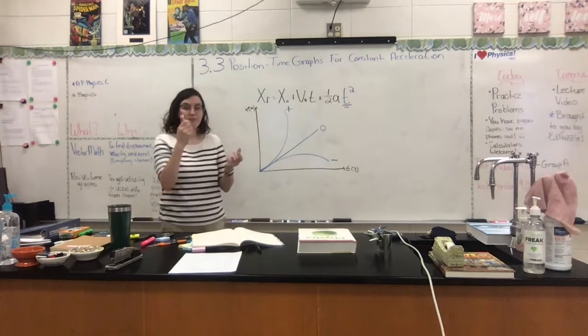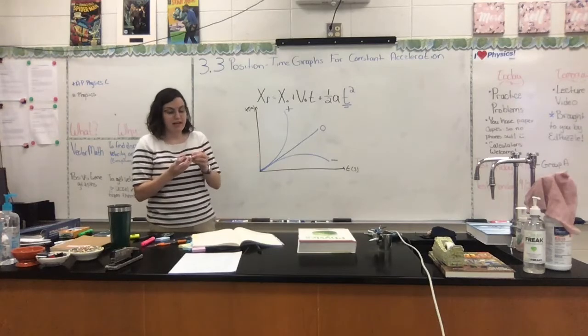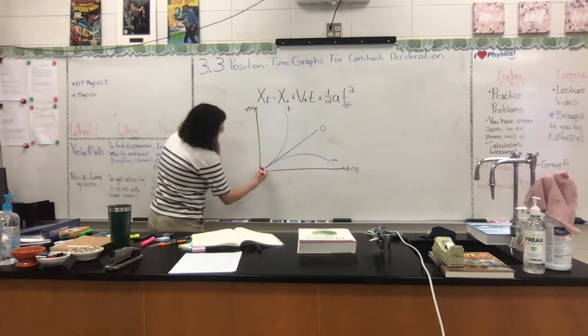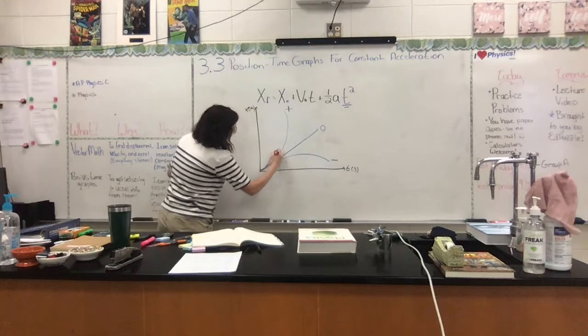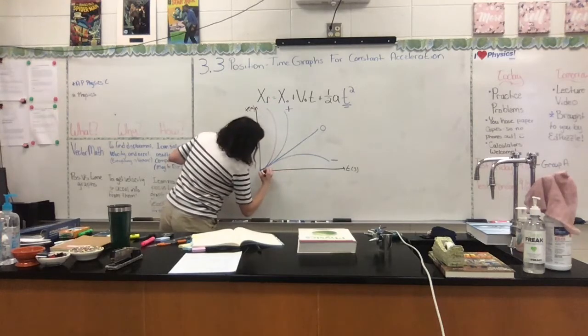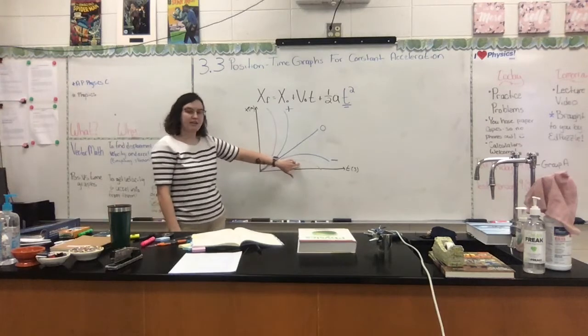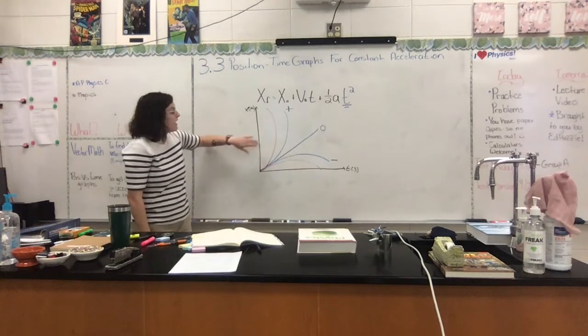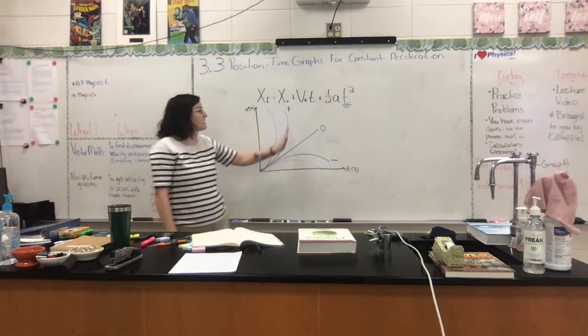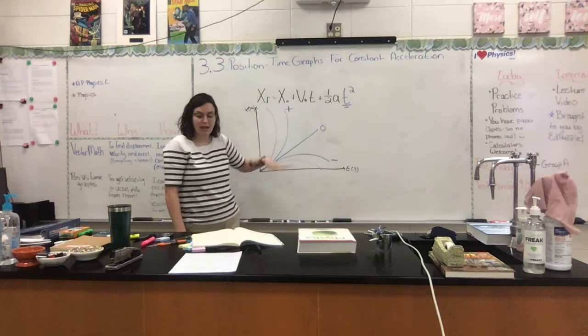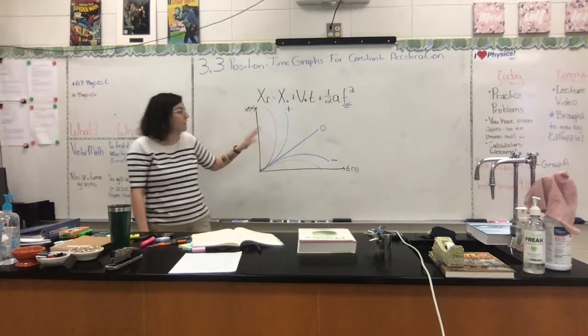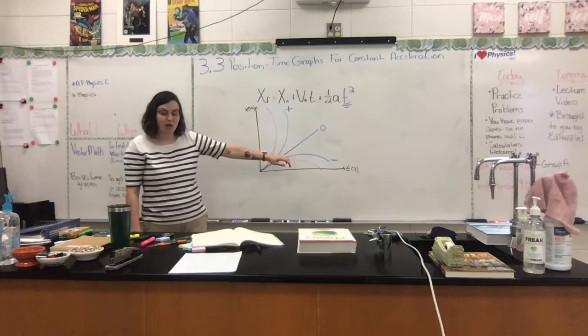So we'll take this red. If we're going off of these red lines to find our acceleration, these are steeper, or they have a greater curve than these blue lines, all right?